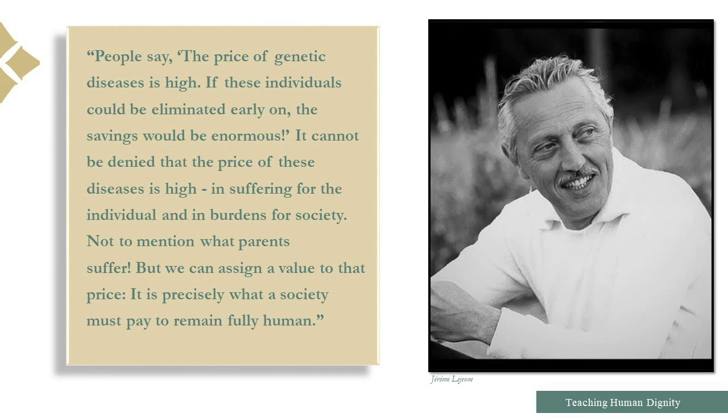If these individuals could be eliminated early on, the savings would be enormous. And then he says, it cannot be denied that the price of these diseases is high in suffering for the individual and in burdens for society, not to mention what parents suffer. But we can assign a value to that price. It's precisely what a society must pay to remain fully human.